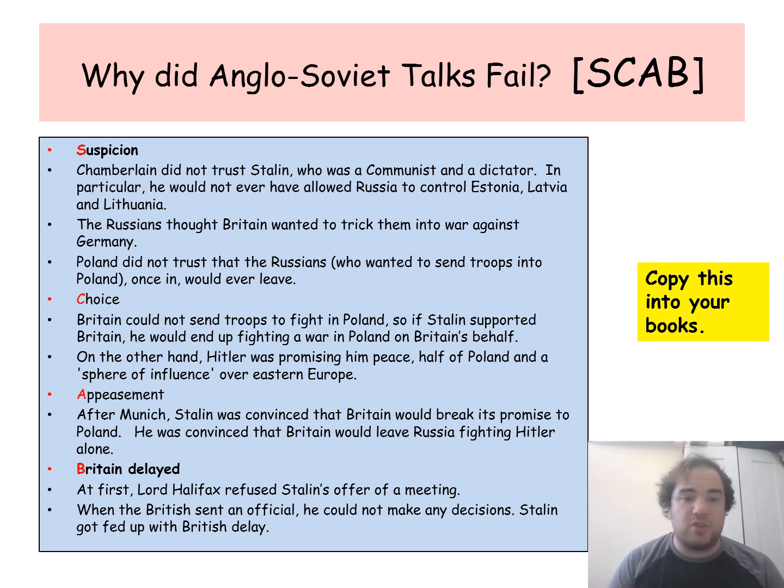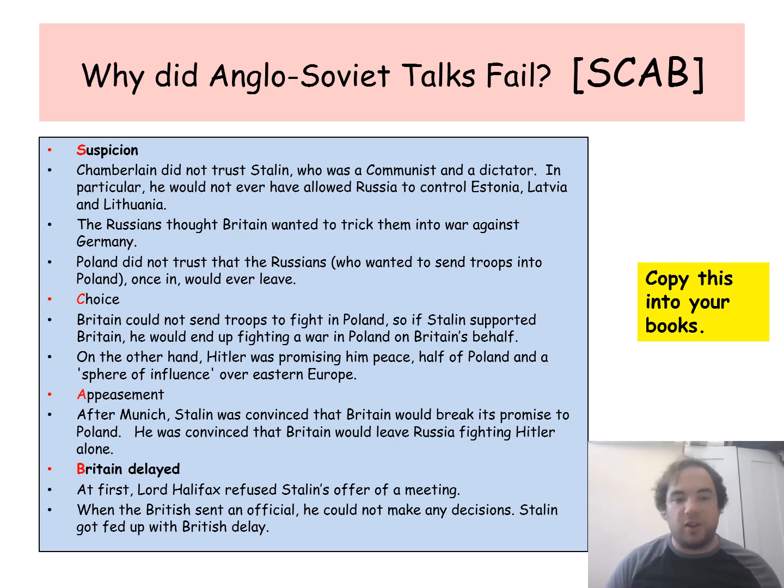And thirdly, there was the appeasement factor. After Munich, Stalin was convinced that Britain would break its promise to Poland, and that would leave Russia fighting Hitler alone. And finally, Britain's delays, in that at first Lord Halifax refused to accept Stalin's offer of a meeting.